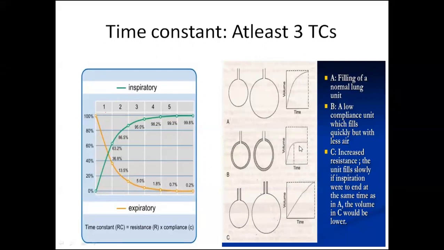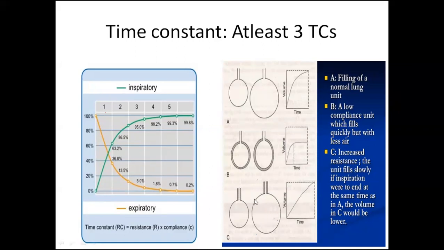In these two curves, time is the same. You give the same time, but what is the volume generated in curve B? Less. It's because you give the same pressure. But if you give more pressure and the same time as the normal lung, they can fill to the full. Okay?